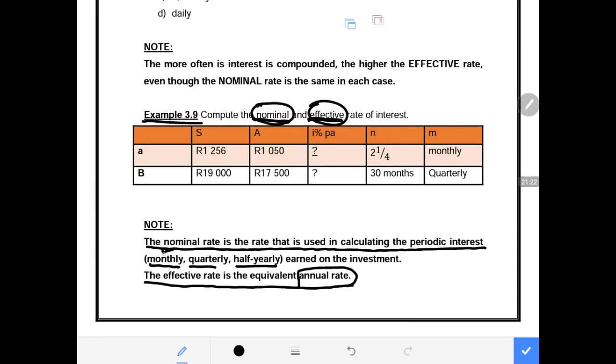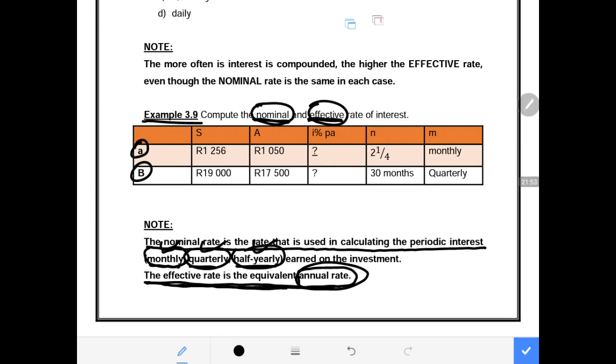But when it comes to nominal, it can be monthly, quarterly, or half yearly, but the effective will be an annual equivalent rate of interest. So in every scenario that we have here, we'll calculate either the monthly or the quarterly or the half yearly. Then the second part of the same question, we have to calculate effective, which is the annual rate of interest, meaning the interest for the full year.